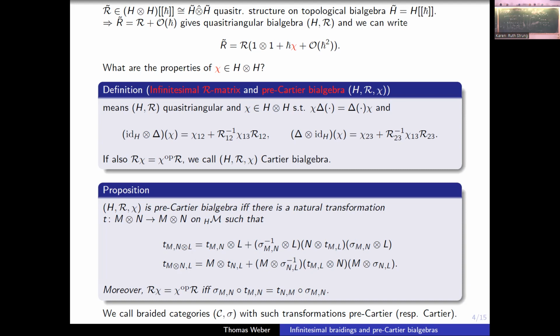And this goes back to the picture I was drawing on the blackboard. So this is the right-hand side we are getting here. And if you want this extra property of chi, this will give you an extra property of sigma and T. Here on this side, it's really just the commutativity of the braiding with the infinitesimal braiding. But we don't always ask this. It's only true in some cases. And categories that satisfy all of those properties will be called pre-Cartier categories.